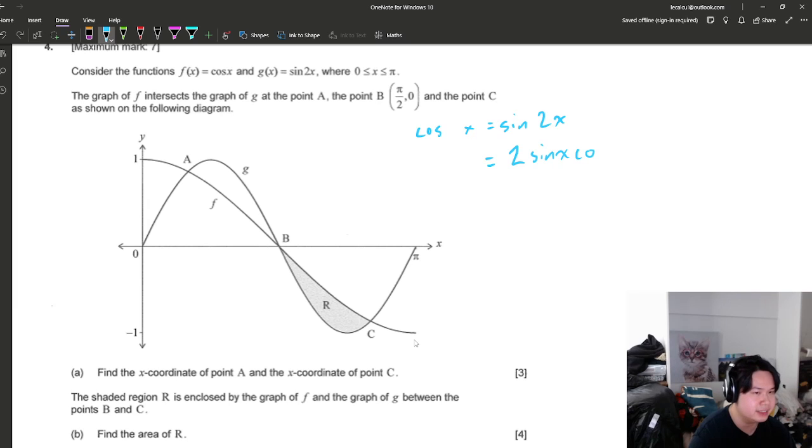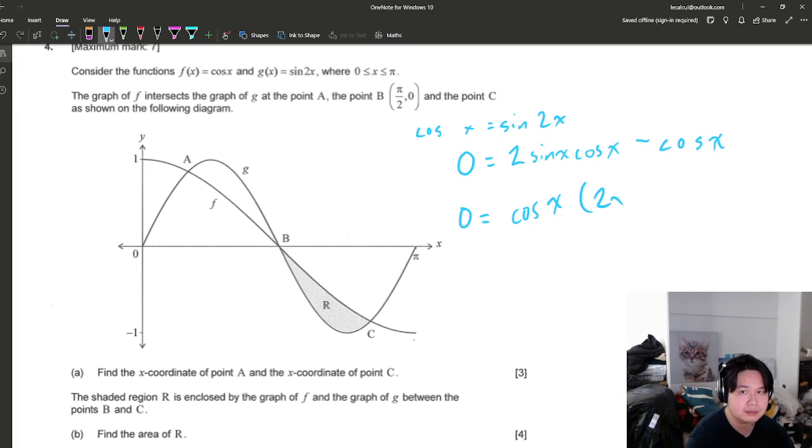This is a double angle on the left side, so we can call it sine 2x cosine x from your formula booklet. And then we're going to move the cosine x over. And then we can factor out cosine. This is a very standard trig identity question. So just get used to doing something like this.